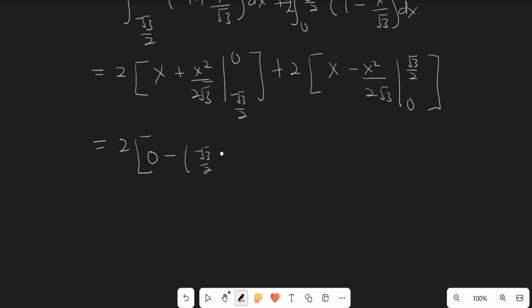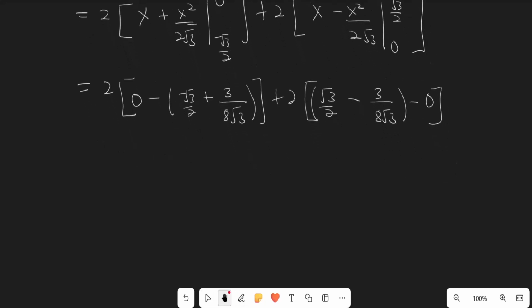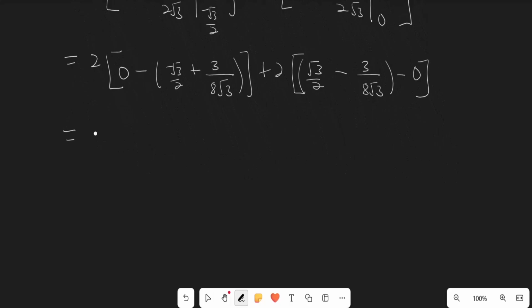So that is plus 3 over 8 square root of 3, plus 2 times: plug in the upper limit, square root of 3 over 2 minus 3 over 8 square root of 3, and at the lower limit 0, that becomes 0.